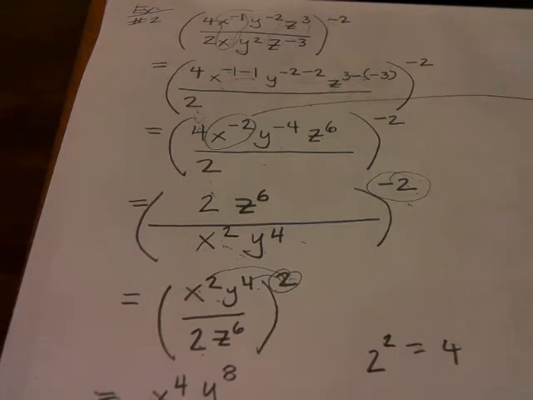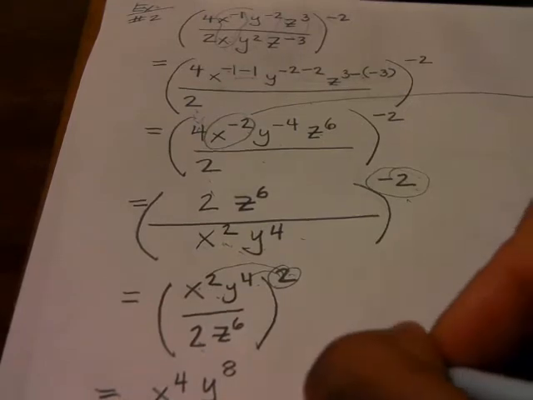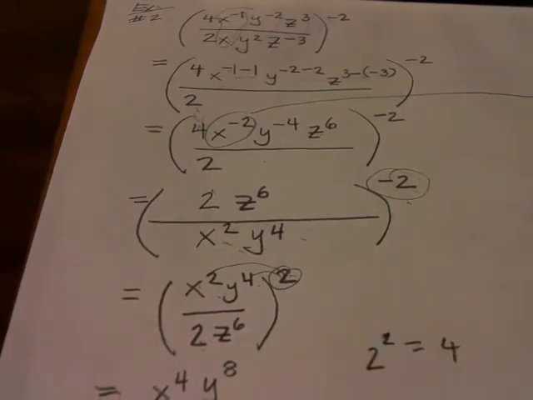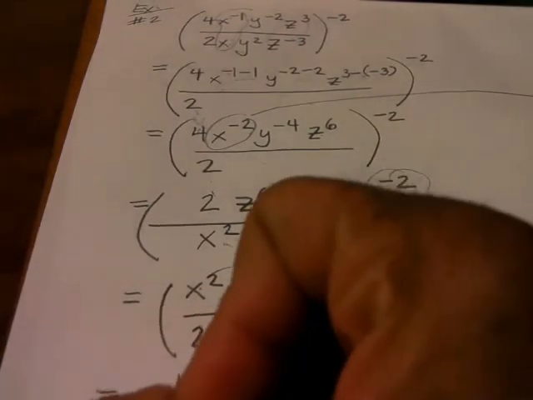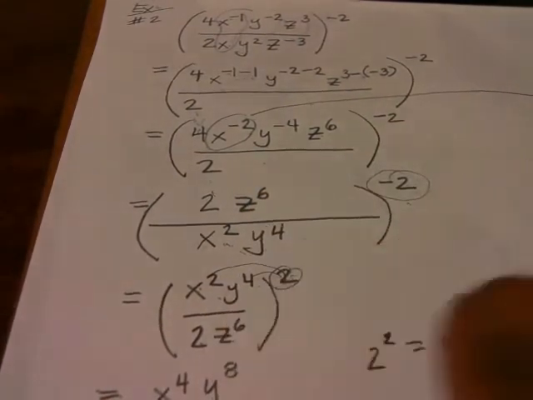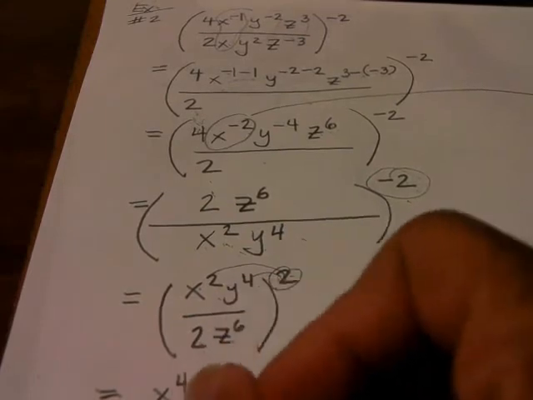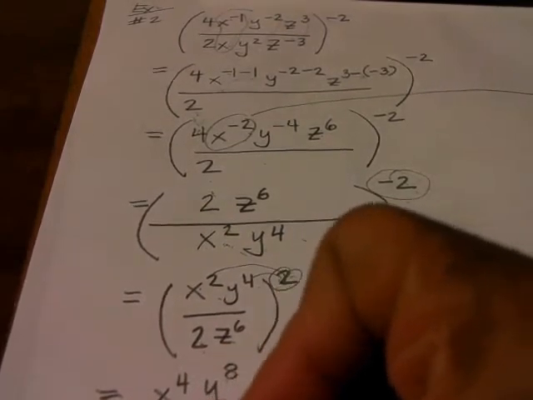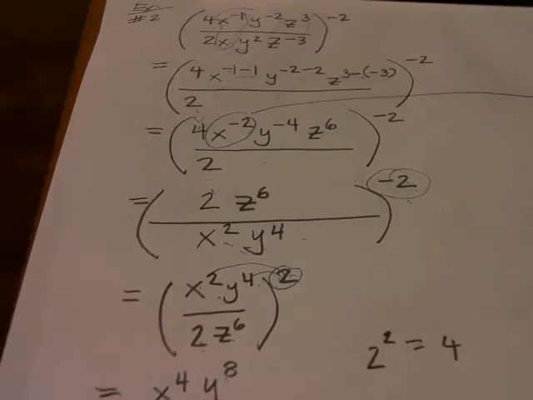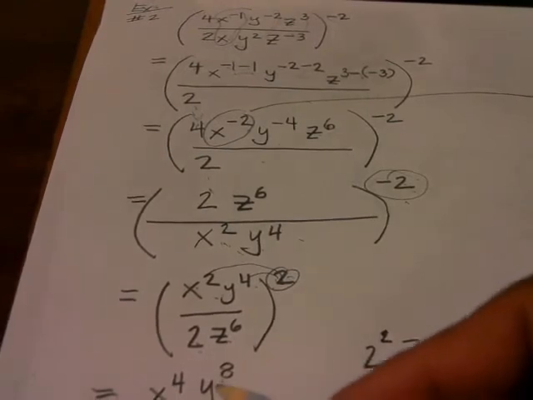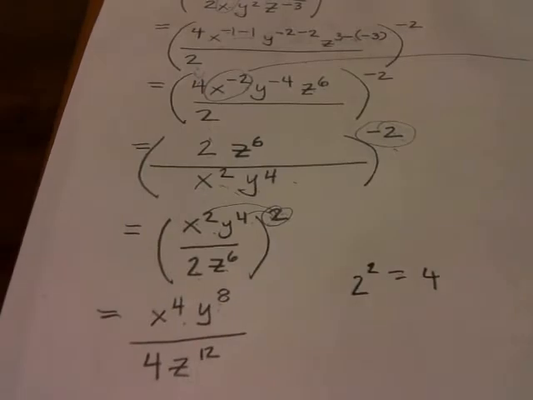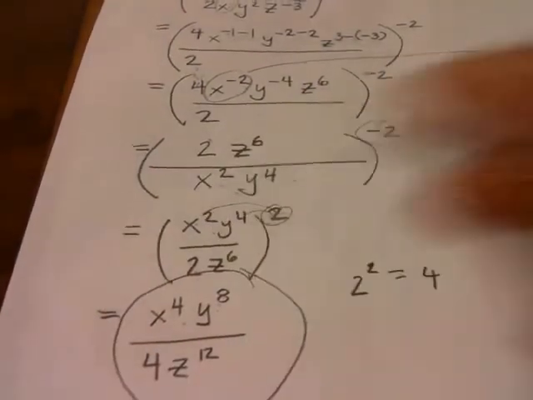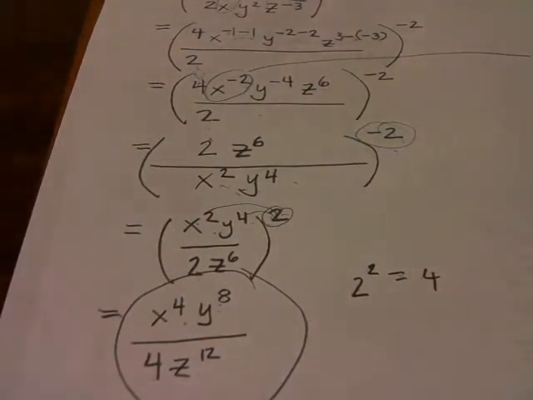So 2 raised to the power 2 is 4. And then z raised to the power 6, when you raise that to the power 2, you have z to the 12. And that's your answer: x to the 4, y to the 8, and 4z to the 12. Here we go, that's your final answer. And I hope that helps.